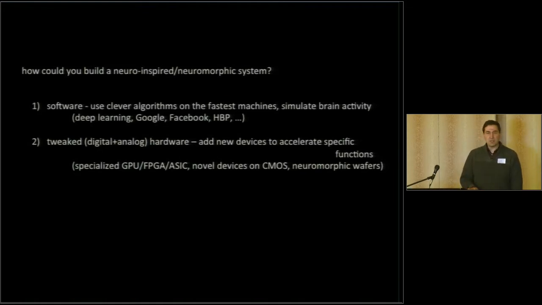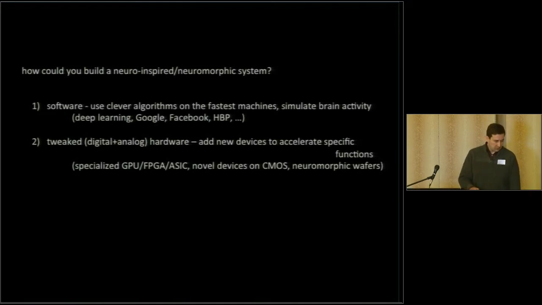These include specialized GPUs, ASICs, integration of novel devices into CMOS, and the neuromorphic hardware that Karl-Heinz mentioned earlier. Again, these still leverage a lot of the existing infrastructure that we have for conventional electronic systems, but at the core of them they still have digital components, things that we would normally recognize in how we do our computations.